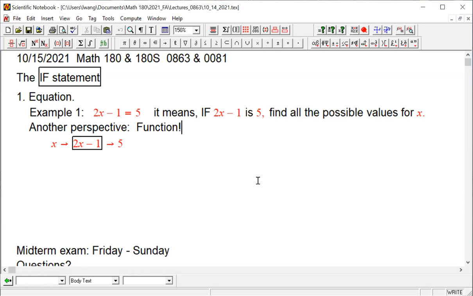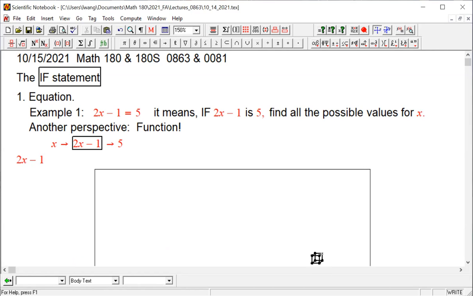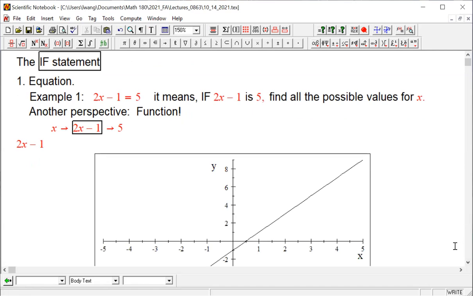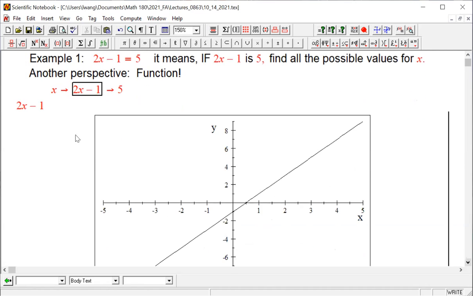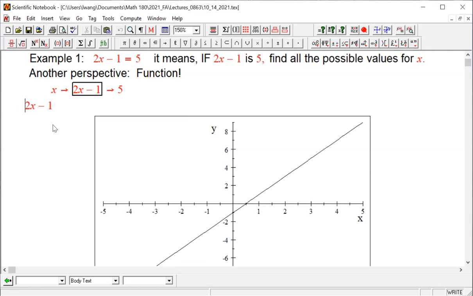If this is the function perspective, we know that every function has a graph. So what does it mean? Well, if you take 2x minus 1 and you graph this, everybody should know how to graph this, all right? It's just a straight line.